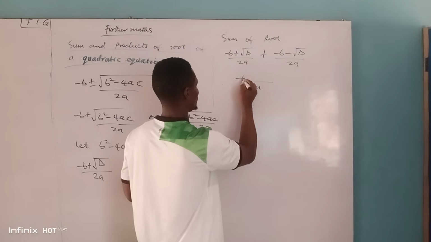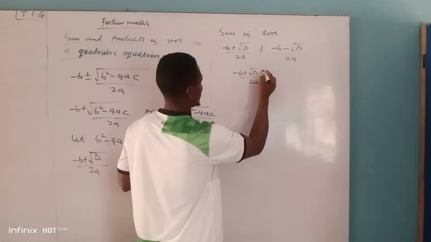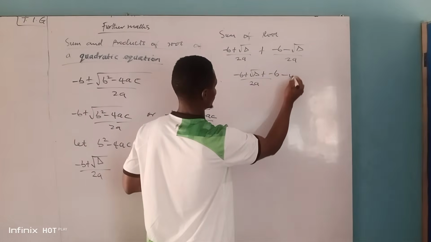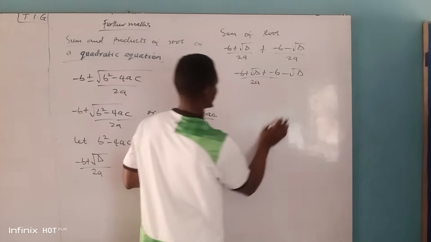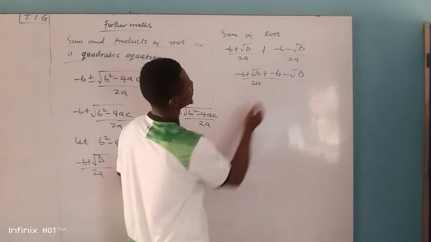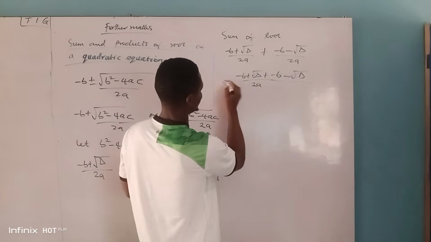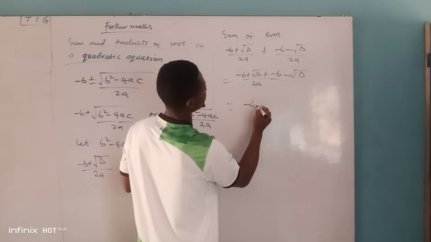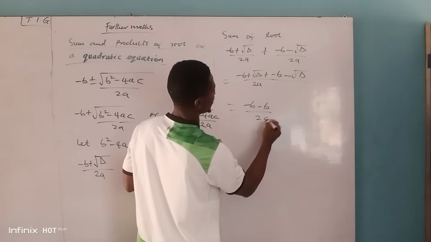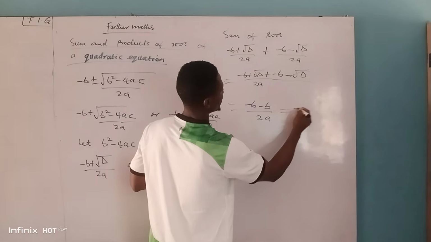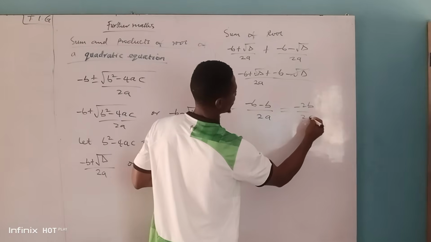So we have minus b plus square root of d plus minus b minus square root of d. Now at this point, the square roots of d cancel. So what we have left is minus 2b over 2a.